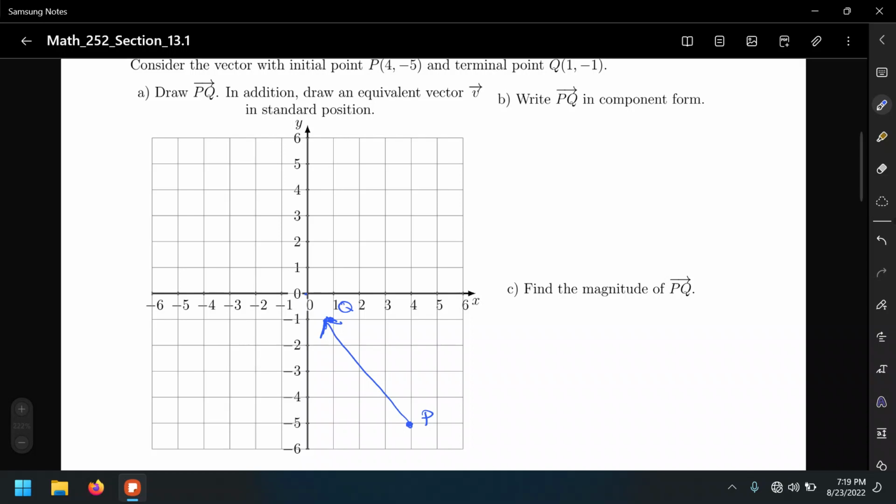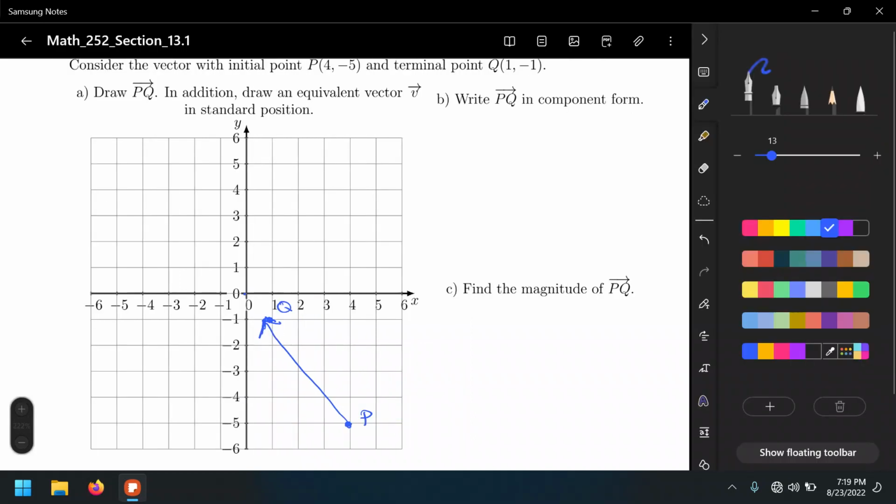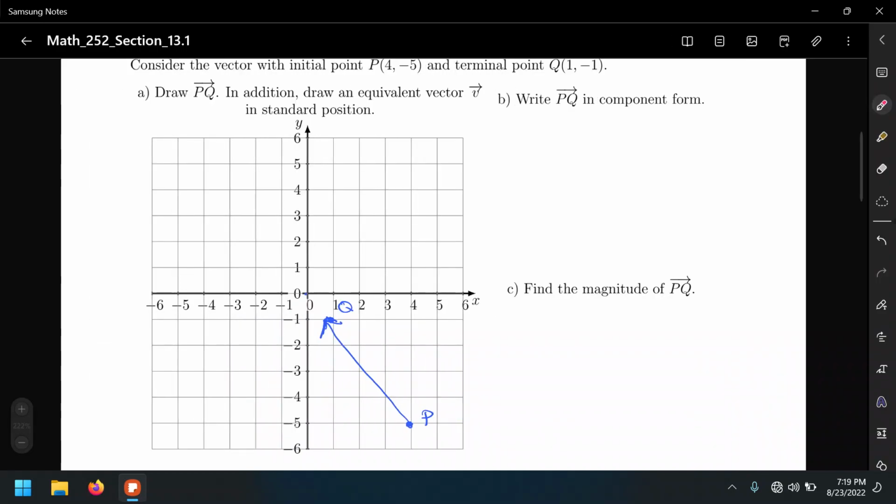For example, here we went 3 units to the left and 4 units up, right? And I'm going to use a different color for this. So 3 to the left, 4 units up. All right, it's the same. If you see, it's the same vector. It has the same length. It's in the same direction as the free vector that we drew before.